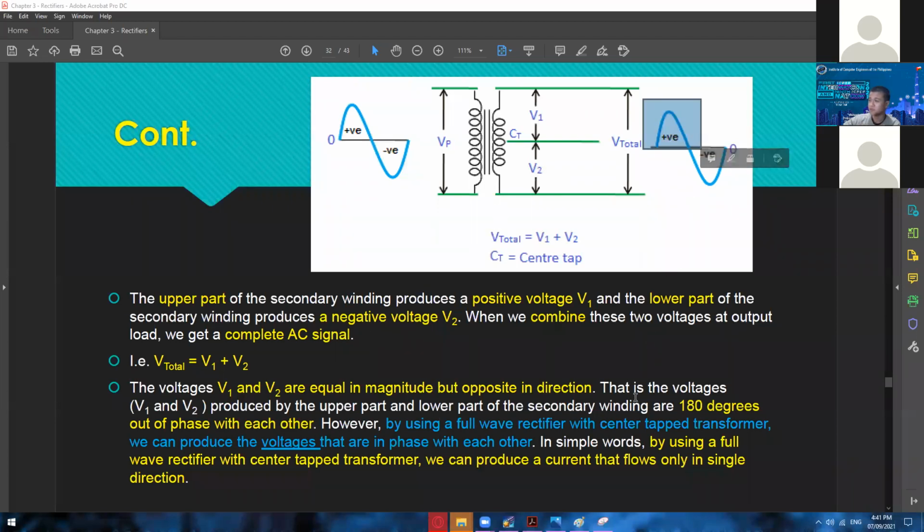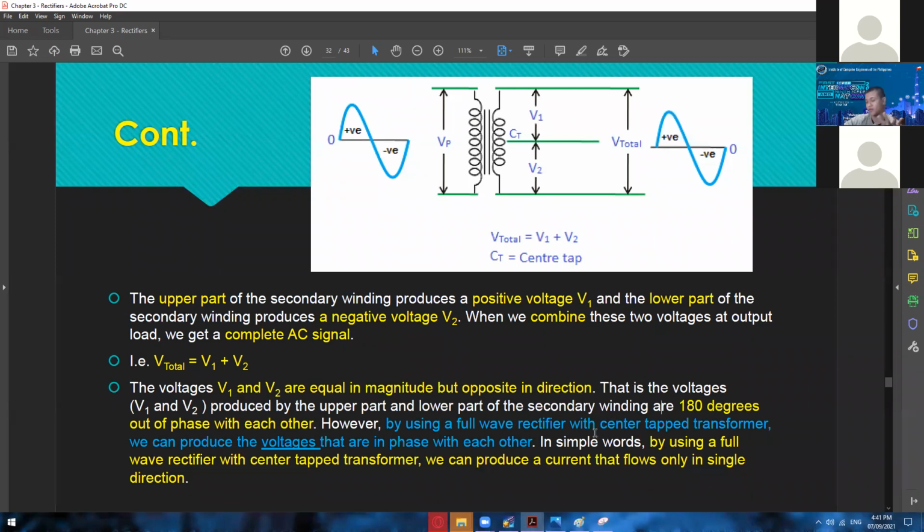That's the function of why we have this kind of circuitry, because it can double the voltage input. But sometimes it's not just double.